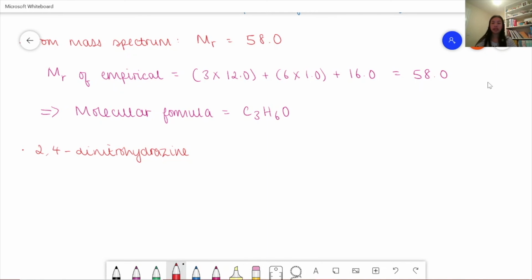So we've got 2,4-dinitrophenylhydrazine forms an orange precipitate. And so this means we have to have a carbonyl.